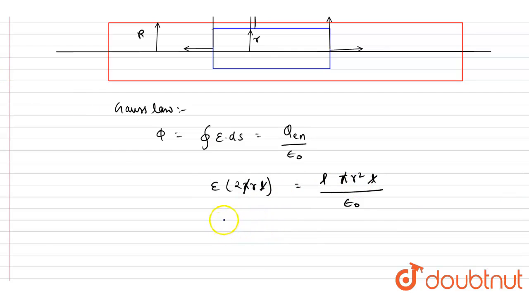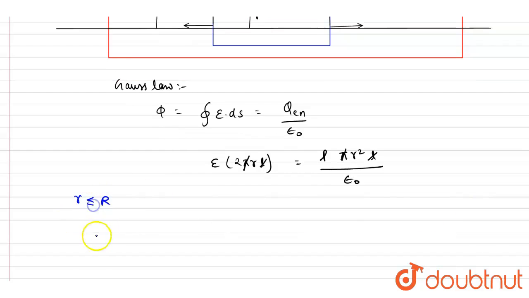So for any point which is inside, r less than or equal to R, E will be equal to rho r by 2 epsilon naught, this small r will not get cancelled. So it is directly proportional to r.